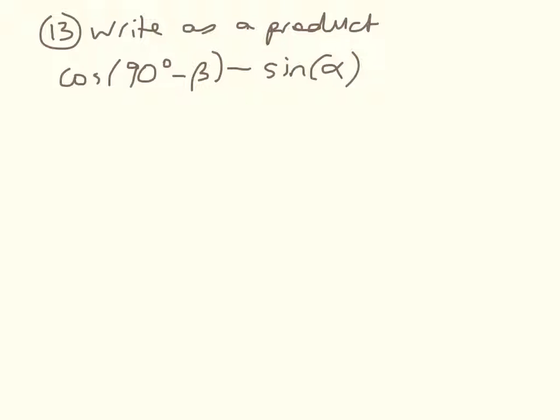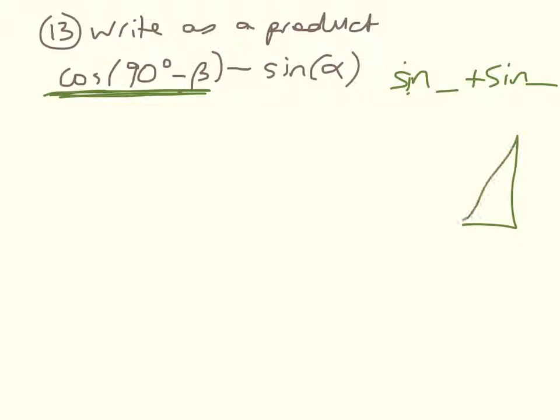In order to use the rules on page 329, we have to force it to fit the pattern sine something plus sine something, or cosine cosine. A couple of choices here, but the easiest thing to do is switch between cosines and sines by remembering that the angles in a triangle add to 90 degrees, and so the cosine of 90 take away beta is just the sine of beta.